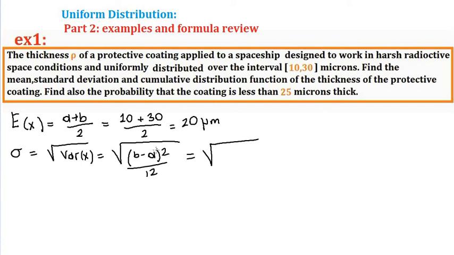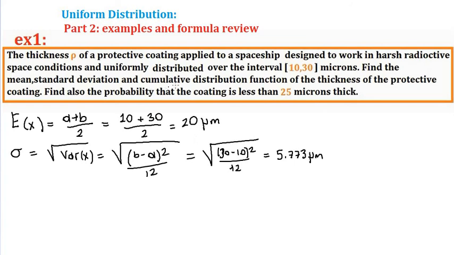So our standard deviation, which is the square root of the variance of x, will be the square root of 30 minus 10, the quantity squared, divided by 12. If you perform this using your calculator, you're going to get 20 squared is 400, divided by 12, which is 5.773 micron.